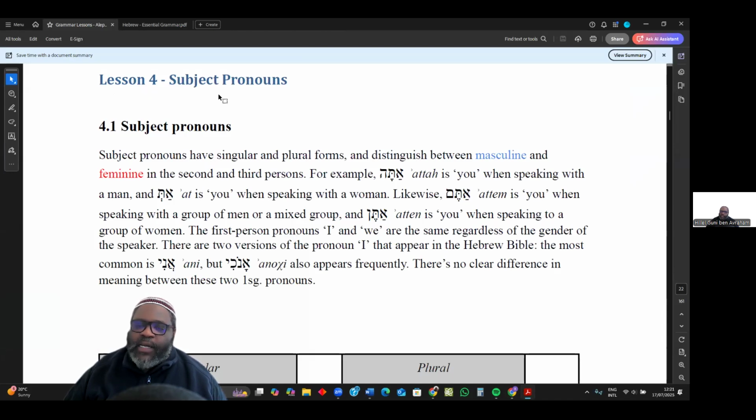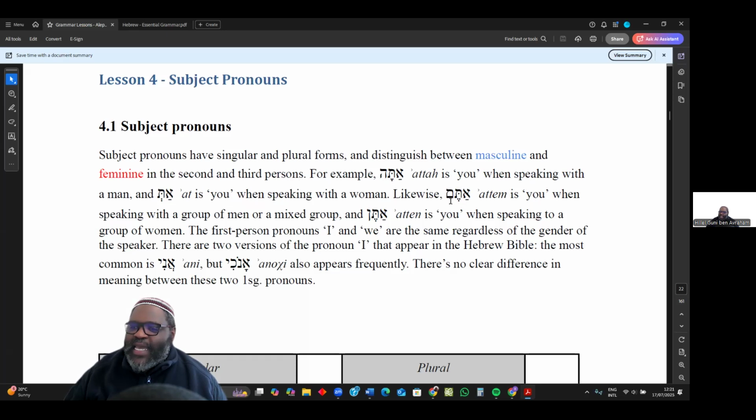And here we have subject pronouns. According to the way Hebrew is taught in English, it says subject pronouns have singular and plural forms and distinguish between masculine and feminine in the second and third persons. For example, ata, which means you, is a singular second person when speaking to a man, and at is a singular second person when speaking to a woman.